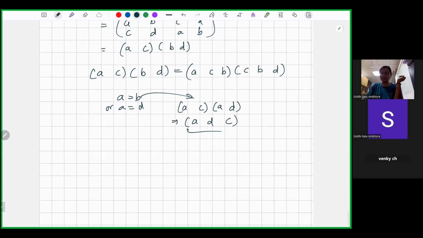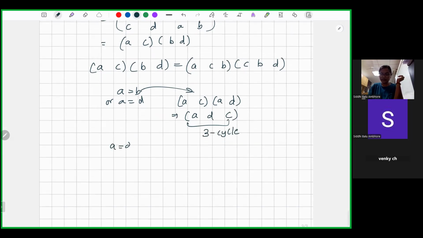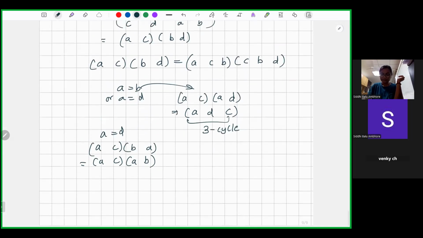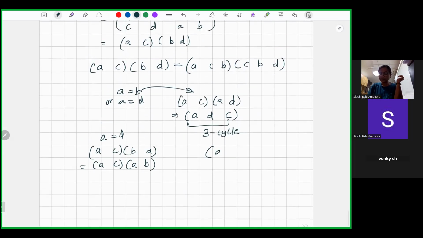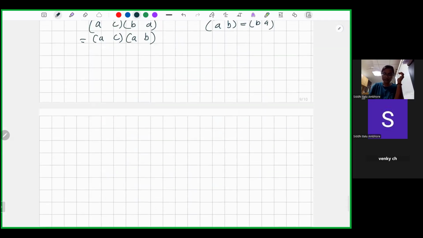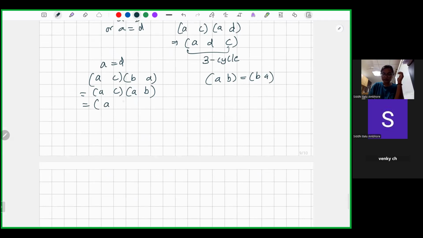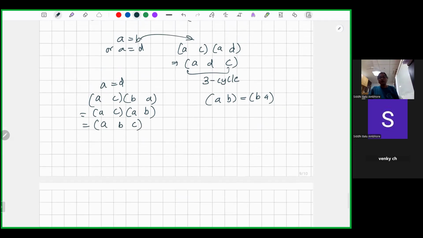I get a 3-cycle. And similarly, if A is equal to D, then I have this B A, and B A I can then write as A B again, because A B is equal to B A. So this then will be equal to (A B C).